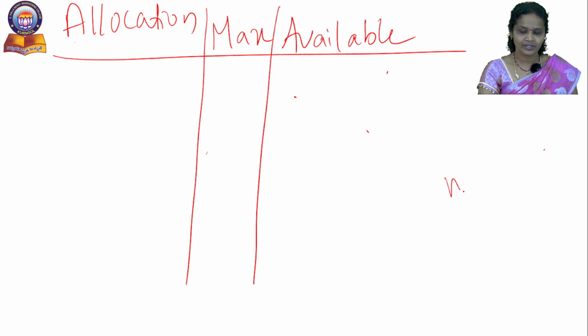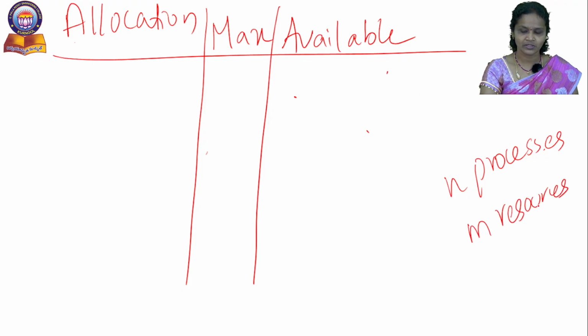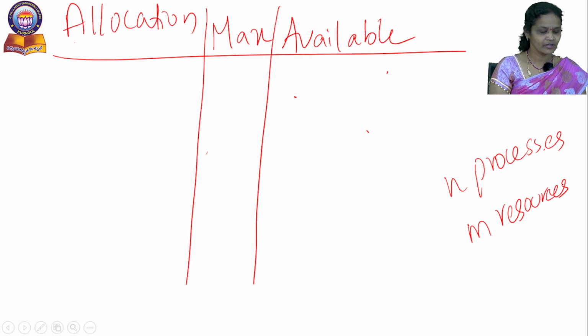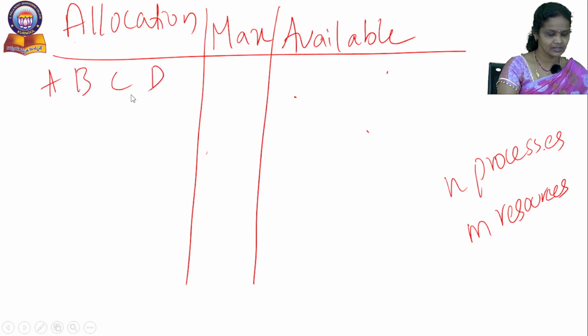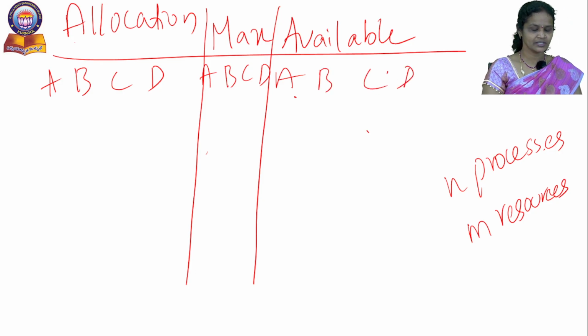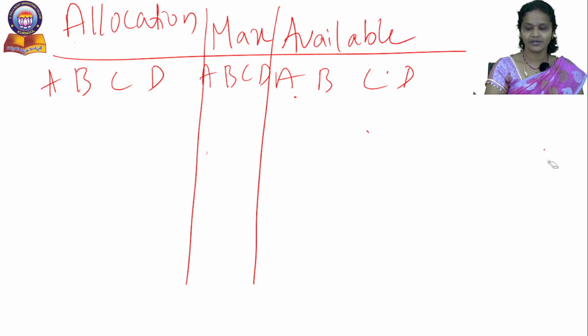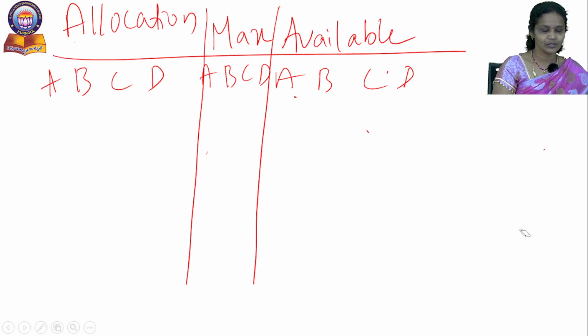But try to understand that the input for this algorithm will be the number of processes, let it be n processes, and m resources. Therefore the allocation matrix will be an n by m matrix, and the maximum matrix will also be an n by m matrix. Similarly, available will also be a matrix which specifies how many resources are currently available in the system.